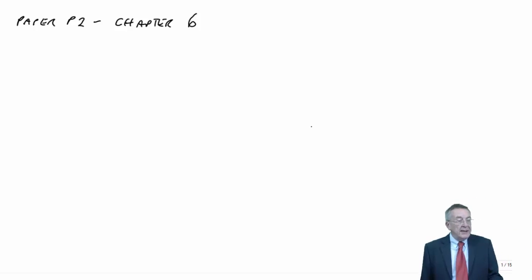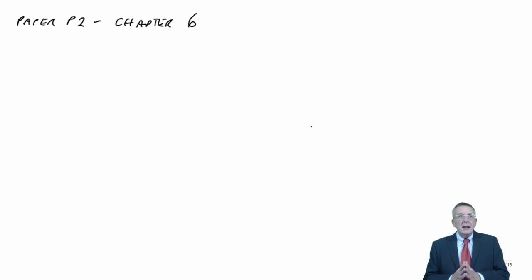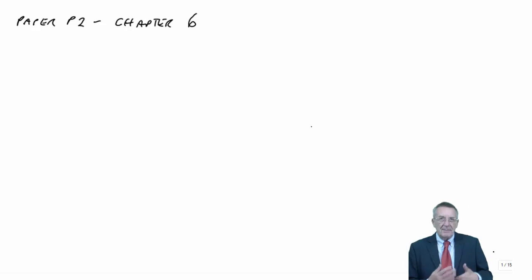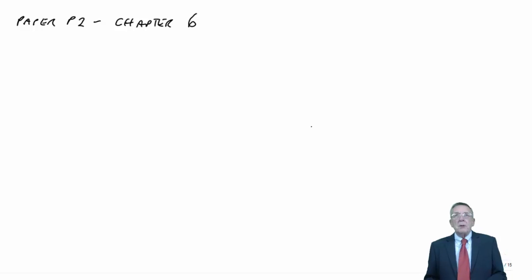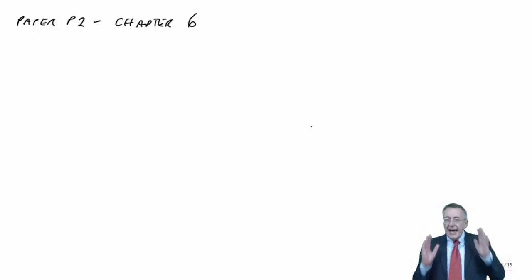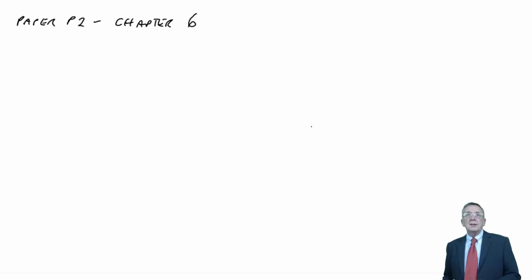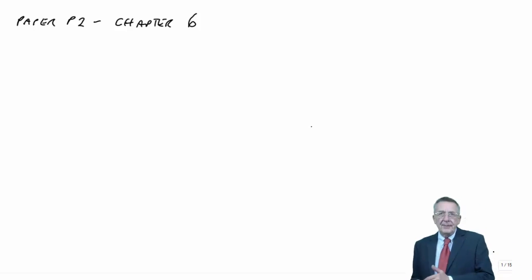First of all, let me just explain briefly what we mean by a division, because some people tend to use the word division in slightly the wrong way. Let me give you an example. Suppose I've got a company, I'm in charge, and the head office is in London, but we've got a branch in Manchester.